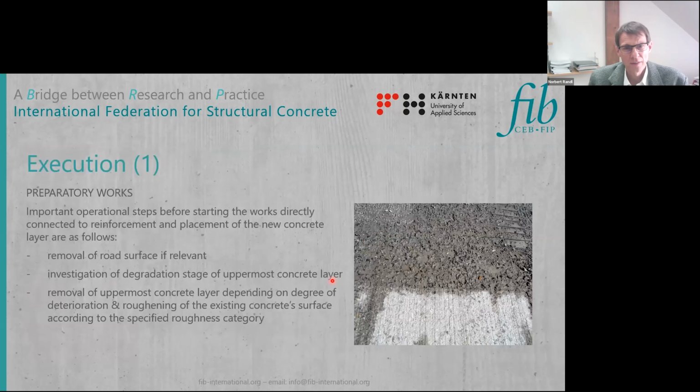Some aspects of execution. The thorough preparation of the surface is decisive for the achievable bond. You also have to investigate on site the degradation stage of the uppermost concrete layer.